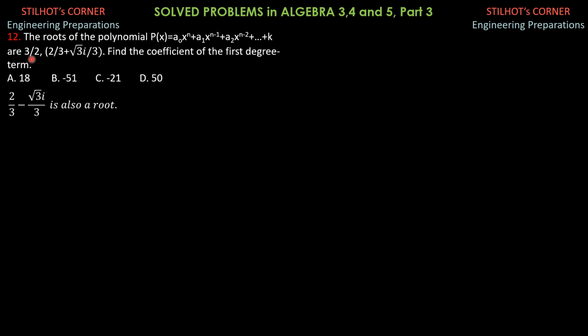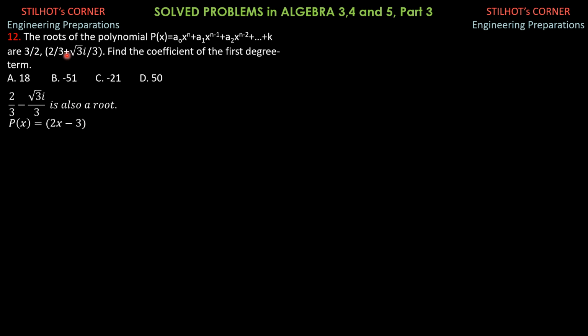So writing this in an expression such that the root is 3 halves, that is 2x minus 3. P of x is 2x minus 3.